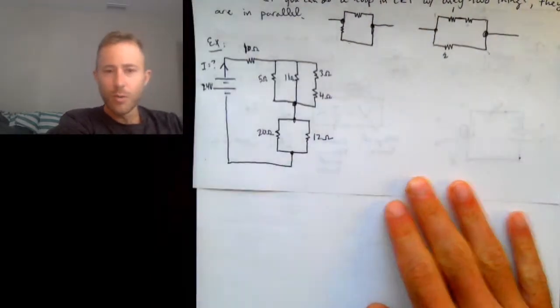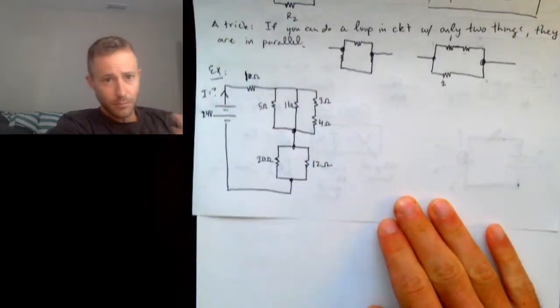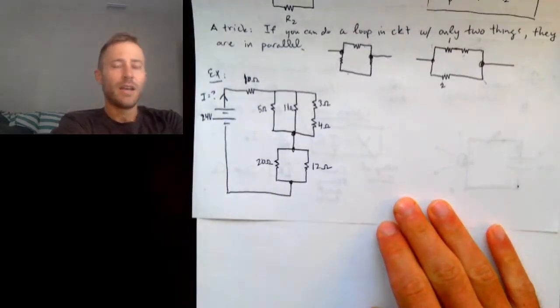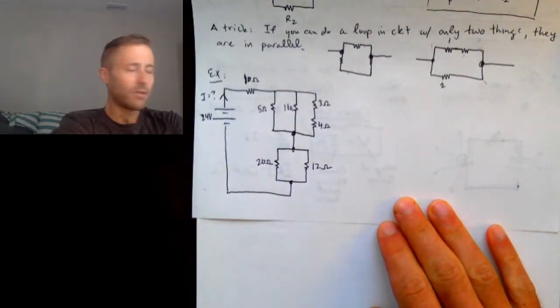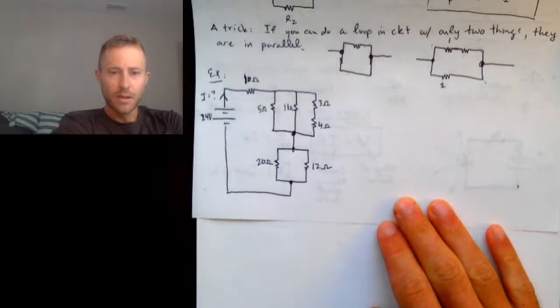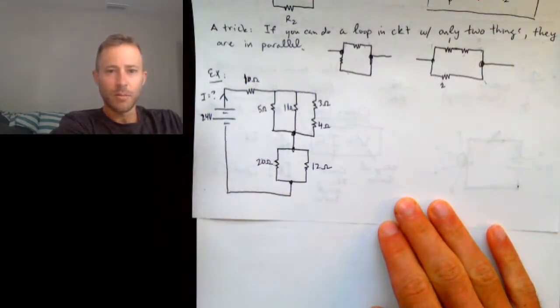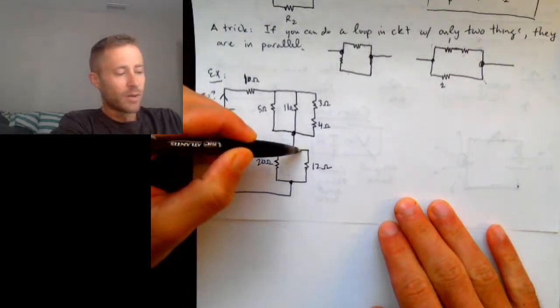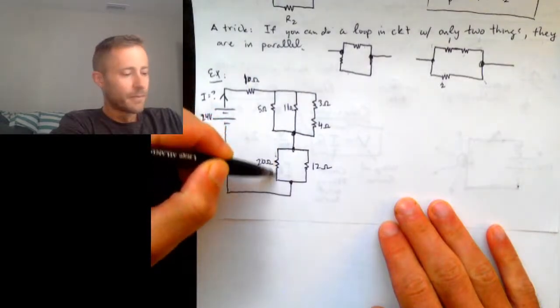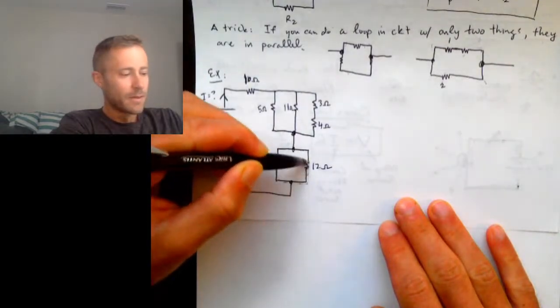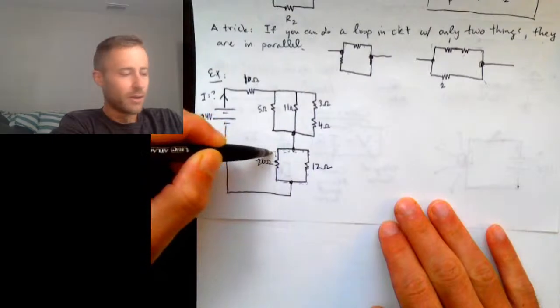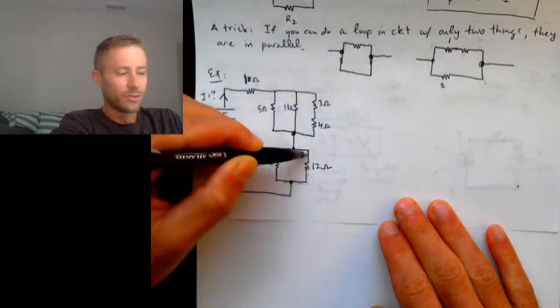Okay? So what we want to practice doing is looking at the circuit and identifying series and parallel. Okay? And so right away I identify that the 20 and the 12 are in parallel. How do I know that? Because I could walk around this loop in the circuit, that loop right there, and it only has those two resistors in it.